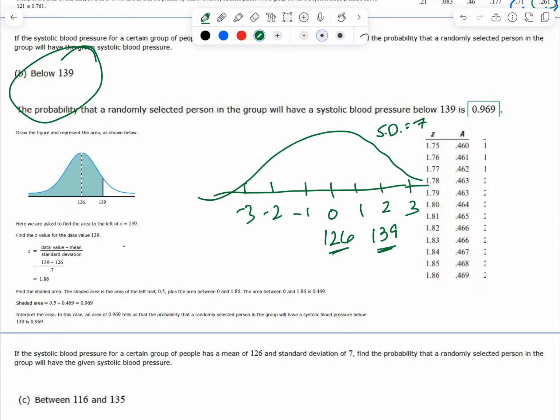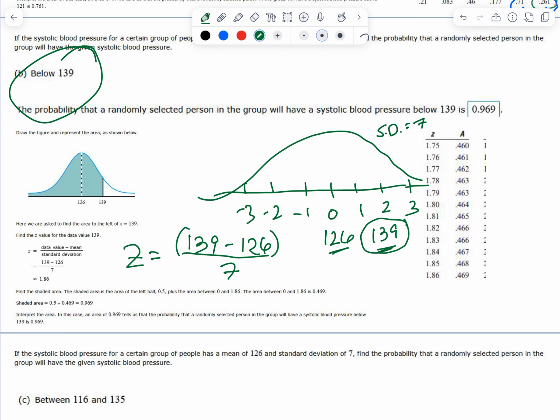So let's use our z-score converter. We're going to do 139 minus 126 and divide that by 7. On my calculator, I'm going to be very careful. I'm going to do the 139, that's the number we want to convert and figure out what z-score it is, minus 126, which is our average, and divide it by 7.